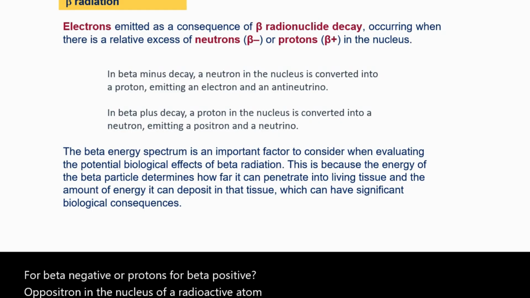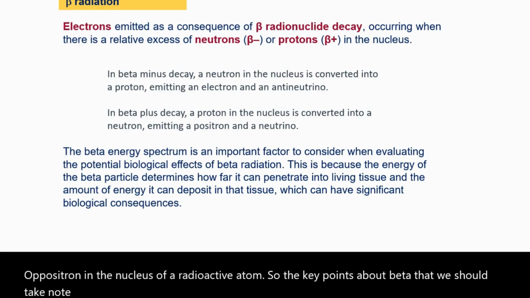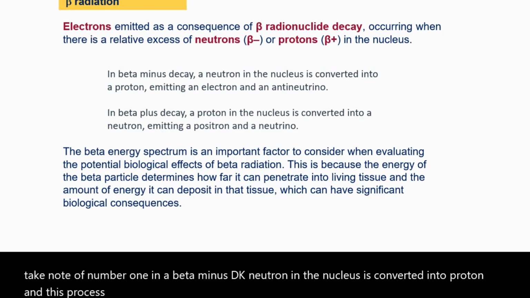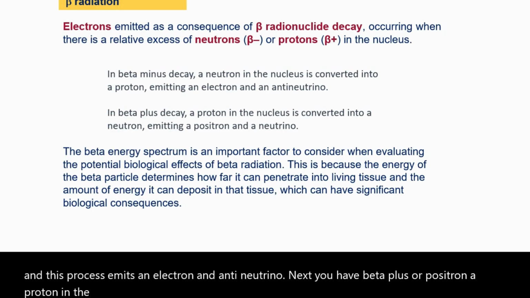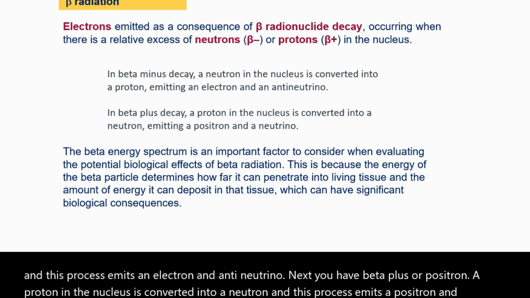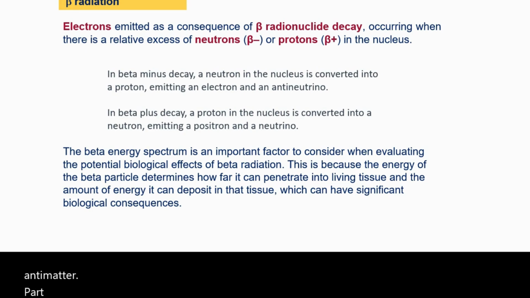The key points about beta that we should take note of: number one, in a beta minus decay, a neutron in the nucleus is converted into a proton, and this process emits an electron and an antineutrino. Next, you have beta plus or positron: a proton in the nucleus is converted into a neutron, and this process emits a positron, the antimatter counterpart of an electron, and it also emits a neutrino.